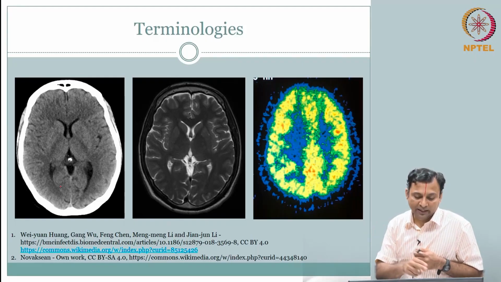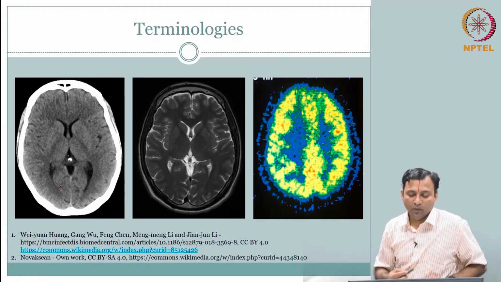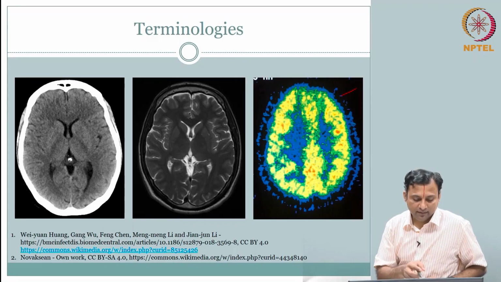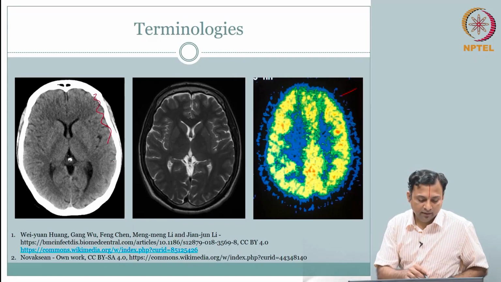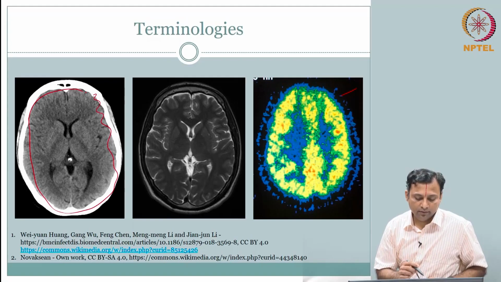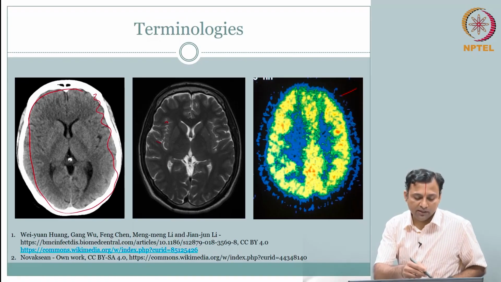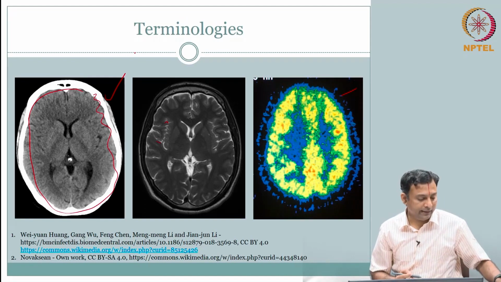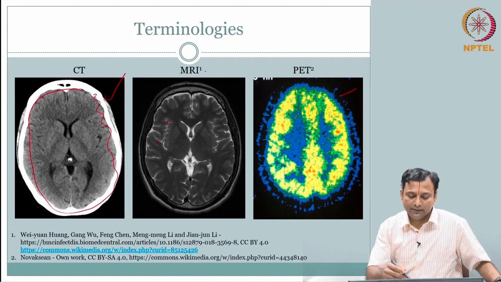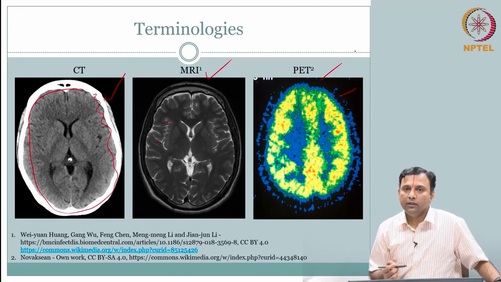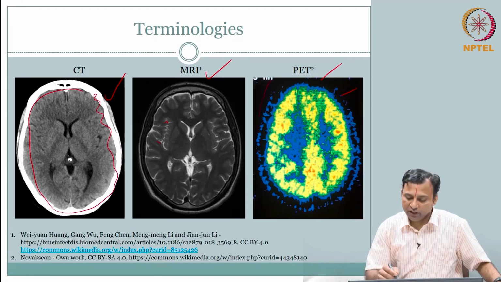That much is good, but each one is looking different. One is in color. Here I see the skull very well, but I don't see much detail. Here I see all the details very well. So now you understand each modality is different. If you guessed it, yes, this is CT, this is MRI, this is PET. So this is your functional imaging.